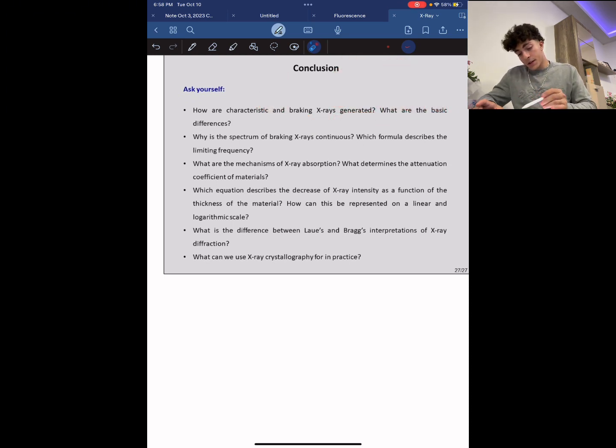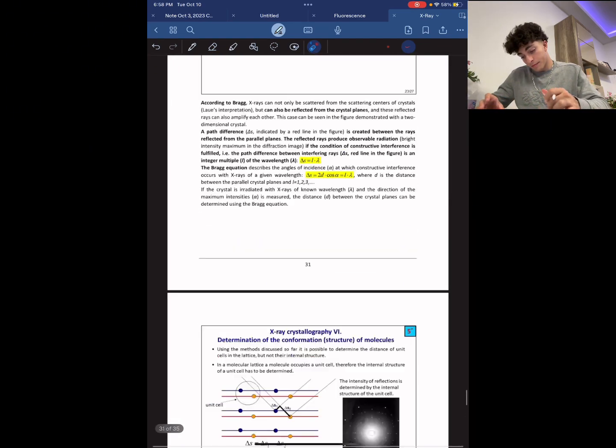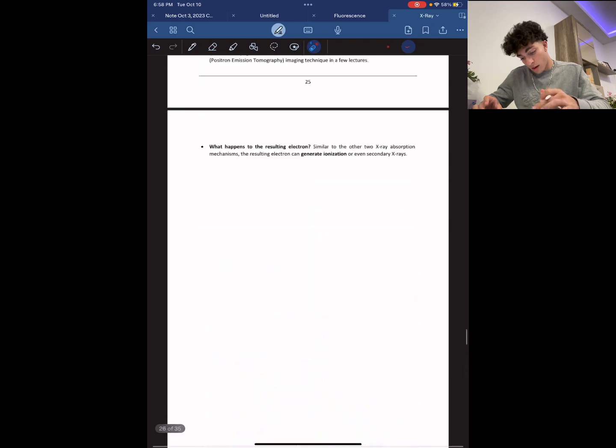Then it says, what formula describes the limiting frequency, right? Limiting frequency means what? Lowest energy. Okay, so if we come back here, let me show you guys.